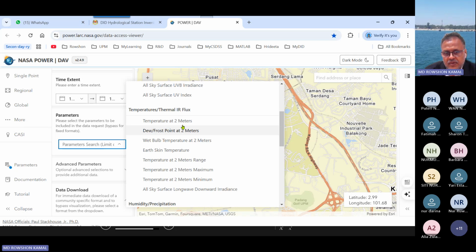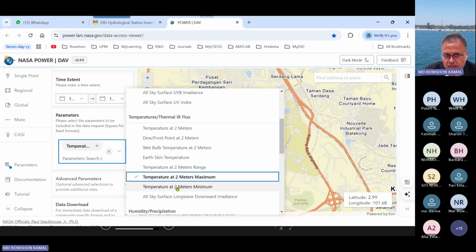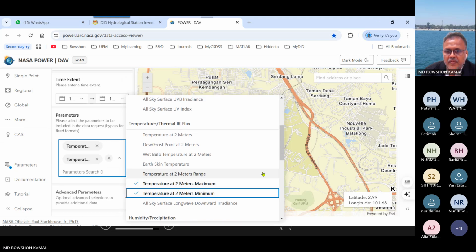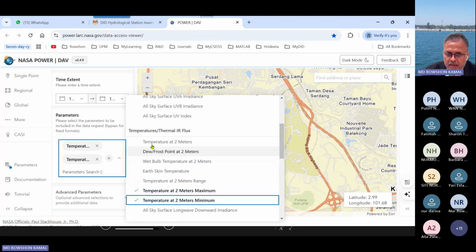So temperature at 2 meters means average, but we need the maximum temperature, then we need the minimum. If you want the average, you can collect it from here, or you can calculate the average. No problem.